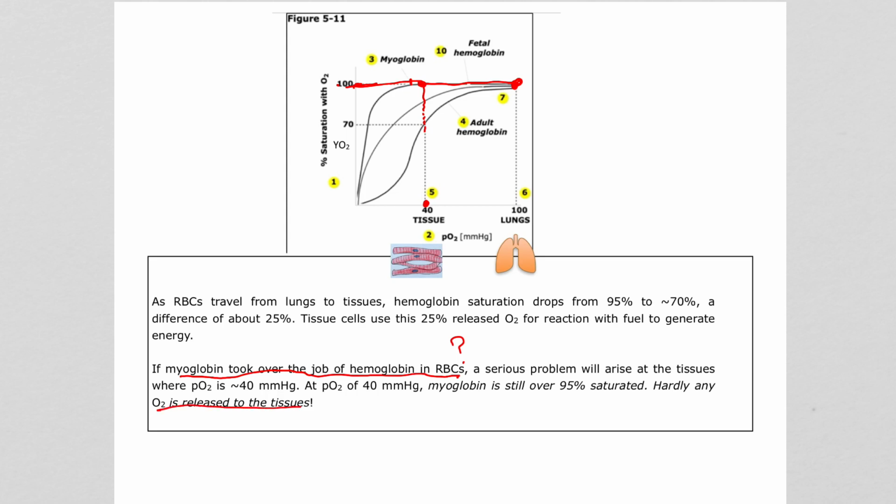And if it cannot release oxygen, then the tissues are not going to get the oxygen. So that's why myoglobin is not found in red blood cells. It's only found in the muscles, while hemoglobin is in red blood cells because in the lungs it can bind very well. In the tissues, it can release oxygen very well.